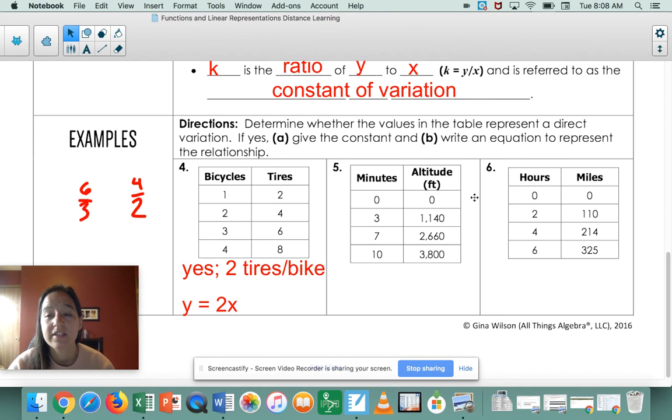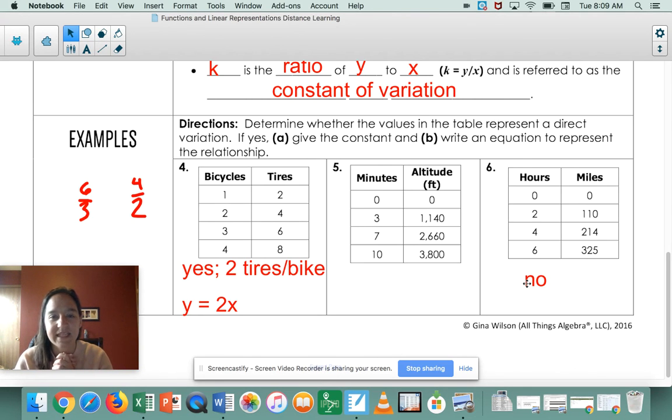Okay. Let's look at number 6. Number 6 varies directly. It has a constant rate. I want you to pause, figure out what that constant rate is, and tell me what you think the equation is. Oh, wait a minute. This one is not.